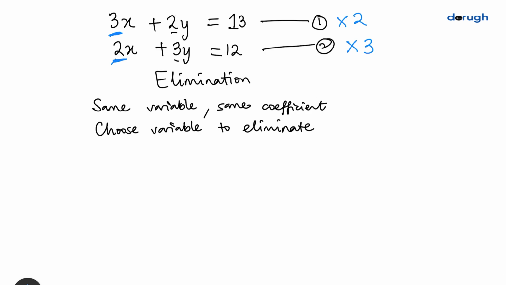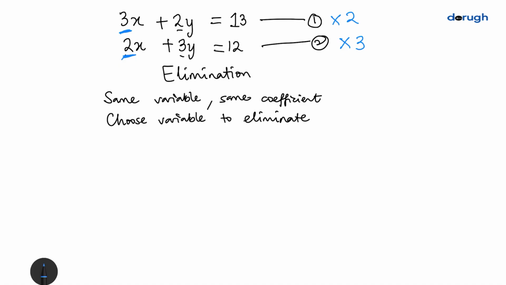So what does it become? We'll multiply every single term by 2 for the first equation, and by 3 for the second equation. So our new equations become 3x times 2, that will be 6x, plus 2y times 2 is 4y, equals 13 times 2 is 26.